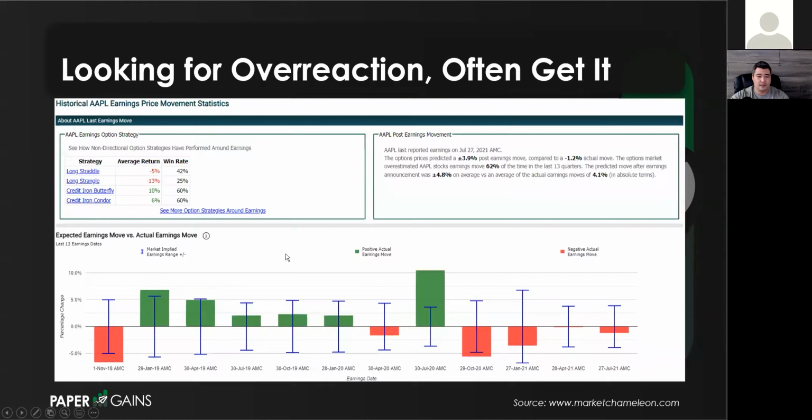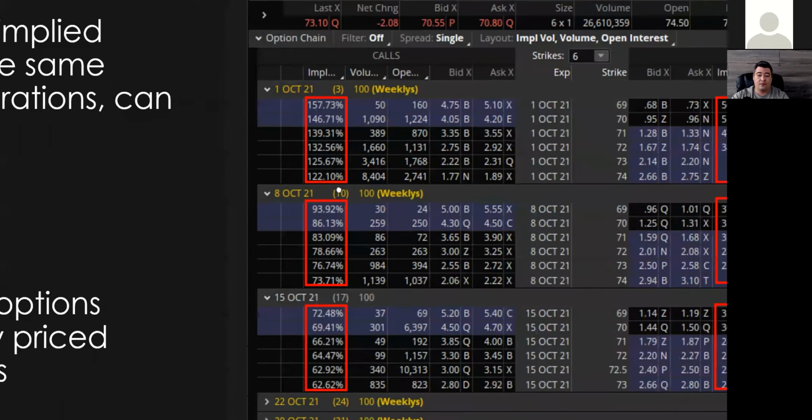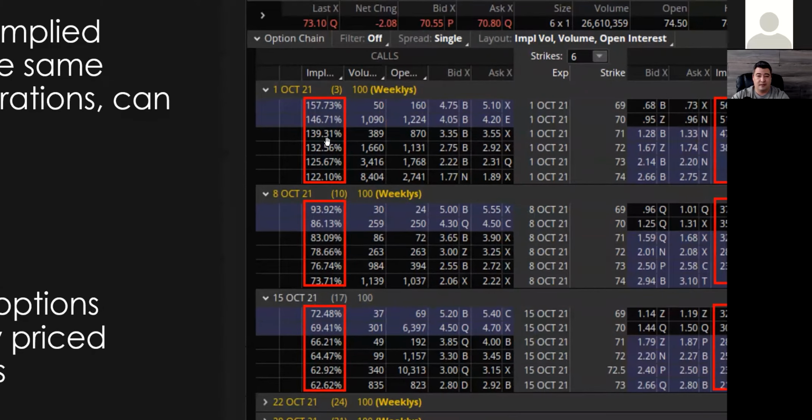This is what term structure is. We've looked at chains before, and this is again an old slide. The observation is that implied volatility of options of the same strike but different expirations can be different. In what's called a calendar trade or a time spread, we actually have the ability to sell overpriced options. And here's an example of that overpriced option. When we were looking at that Tesla chain the other day, it wasn't this kind of disparity.